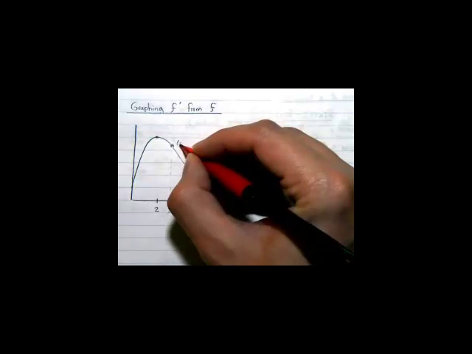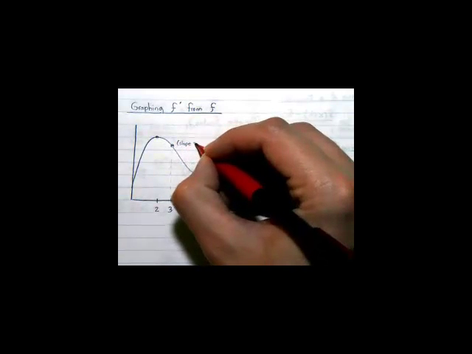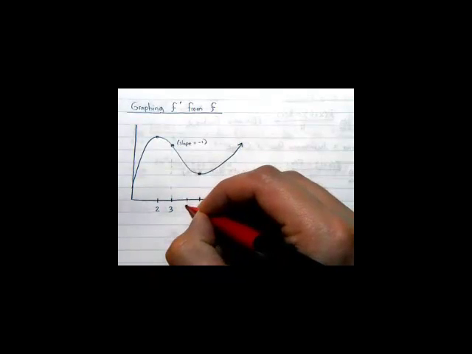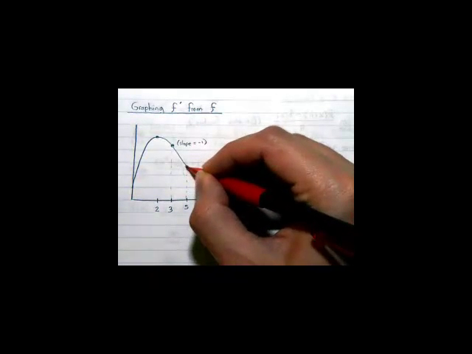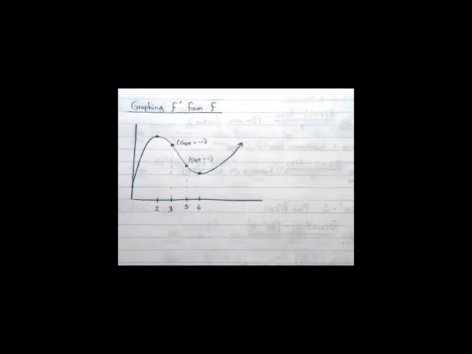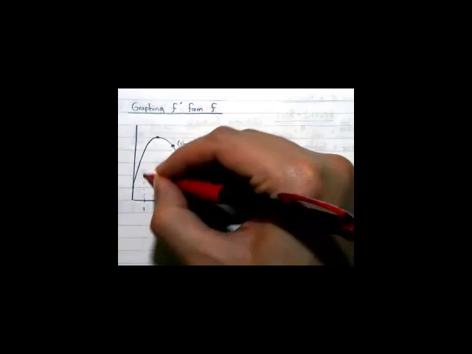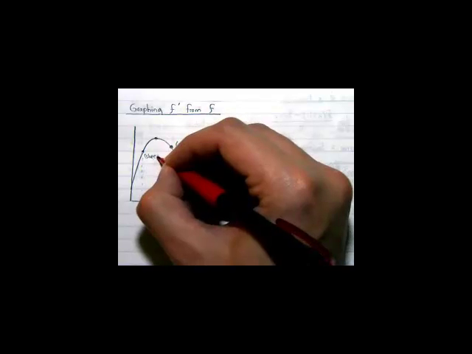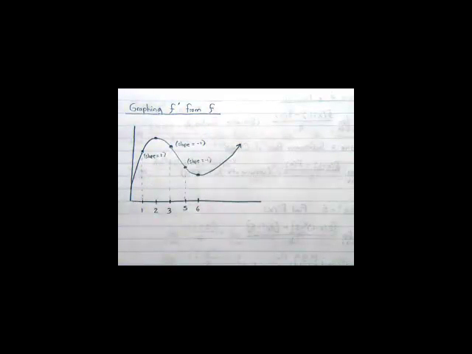And this one, I'm just going to tell you, the slope is equal to -1 at that spot. And then at 5, same thing, the slope equals -1. And then at 1, that'll be the slope is equal to +1. Okay?